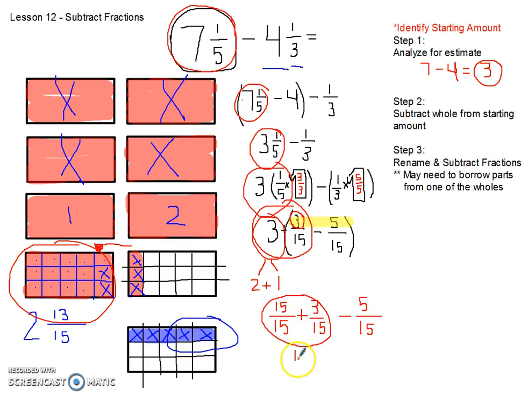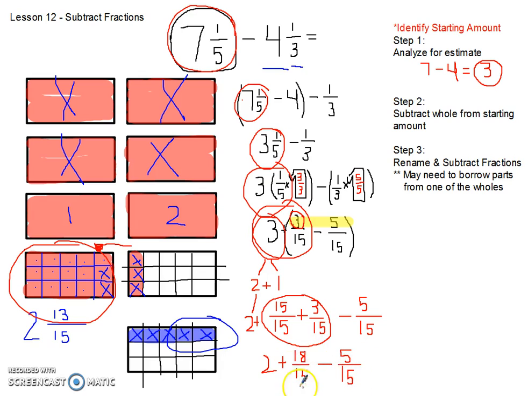So I would have 18 15ths. And the important thing to remember is that 2 is still here. We don't want to forget to bring our wholes down. And then we would take away that 5 15ths.